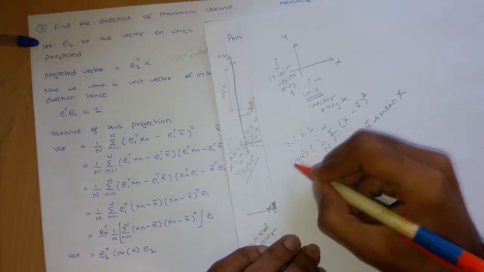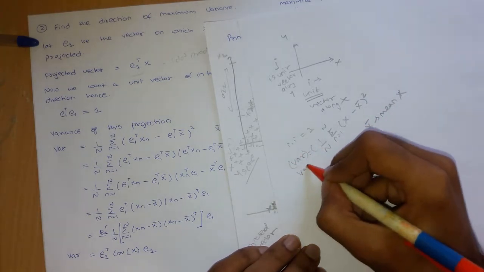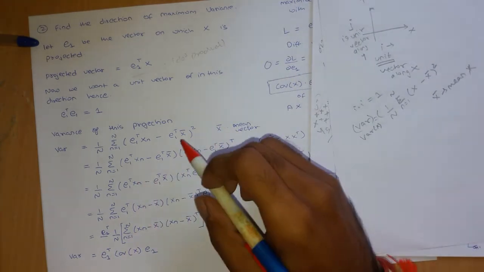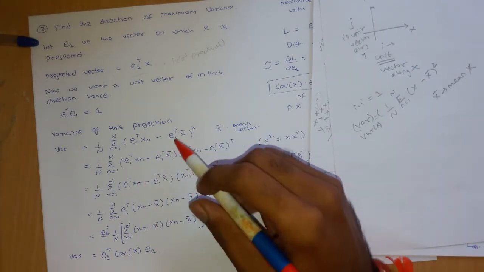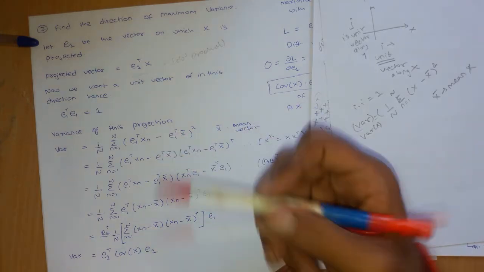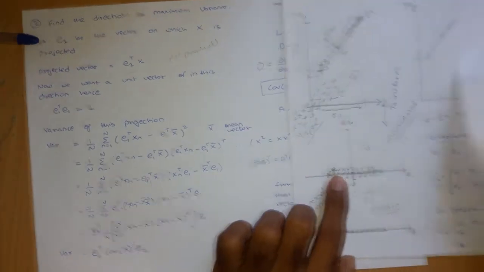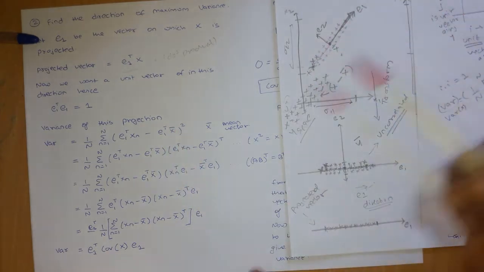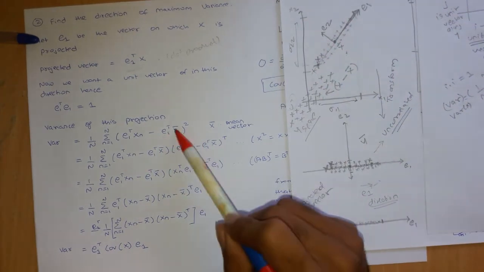So variance of x is given by this form. So the same thing is applied over here. Because E1 transpose is a constant, it is not dependent on n, so that will come out and you will get just the mean of these samples. So this is the formula of variance.